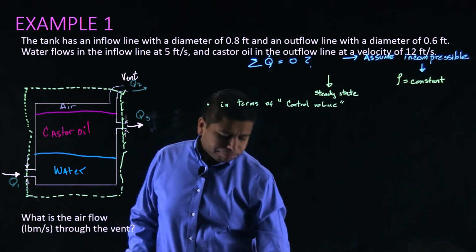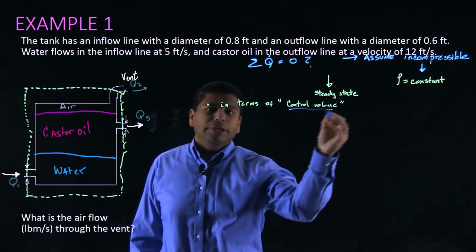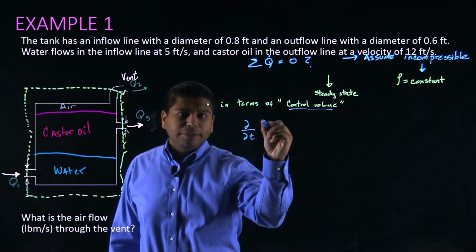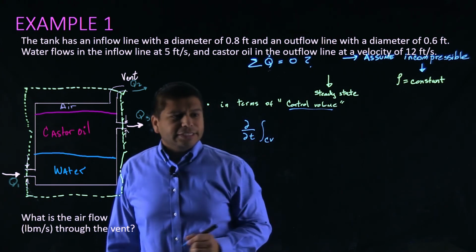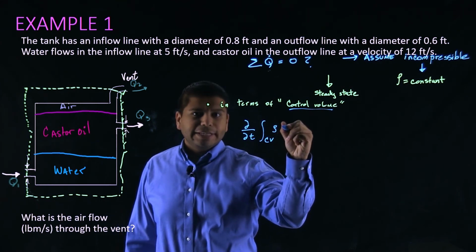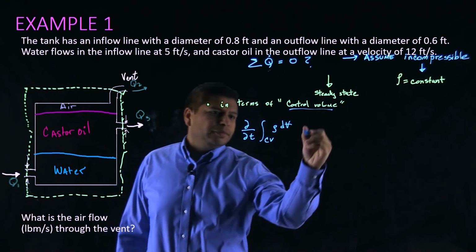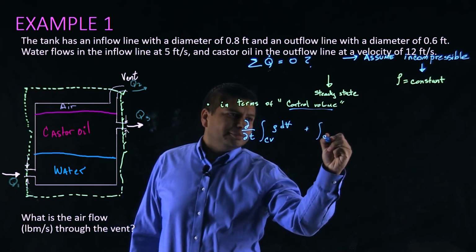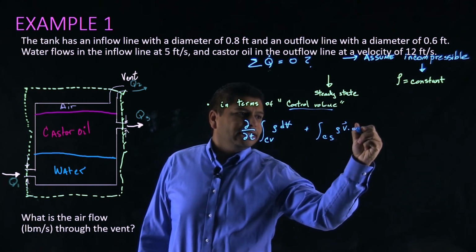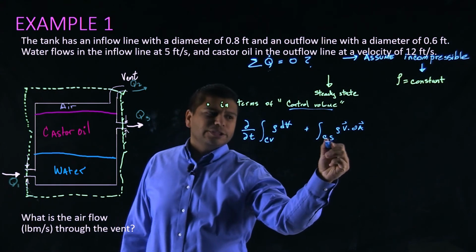There is an equation to define a control volume that is written in this form: d/dt, the change with respect to time over the control volume of the density times a differential volume element, plus the rate of mass going out, rho v dA, over the control surface.